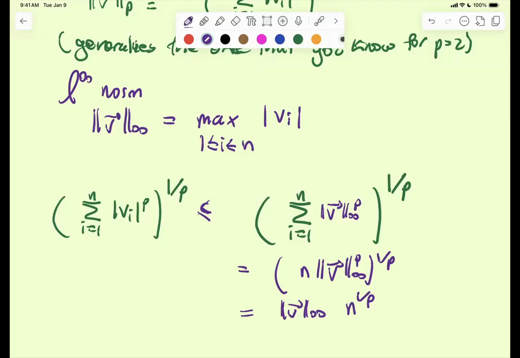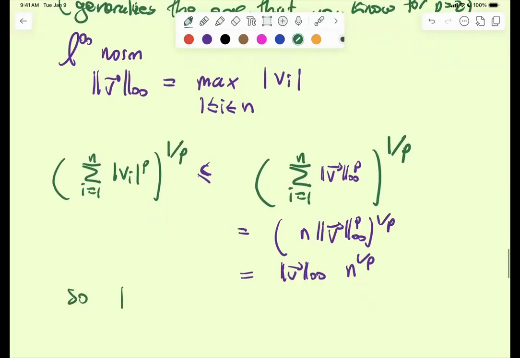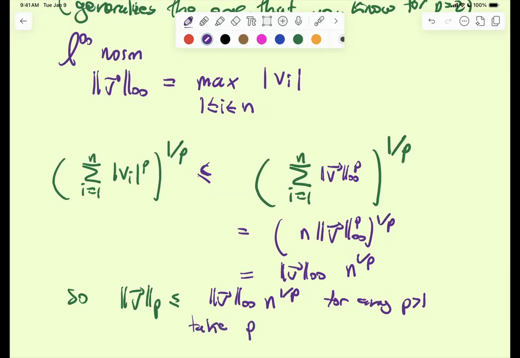So for any p greater than one, and then take limits.